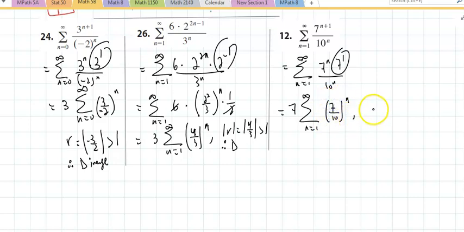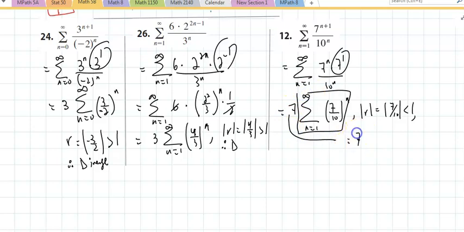And here I notice that the absolute value of r is 7 over 10, which is less than 1. Then I'm going to say, well, this sum, and don't forget that 7, is going to equal 7 times the very first term.